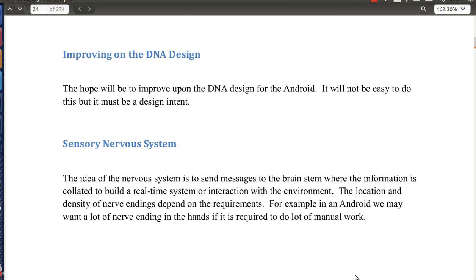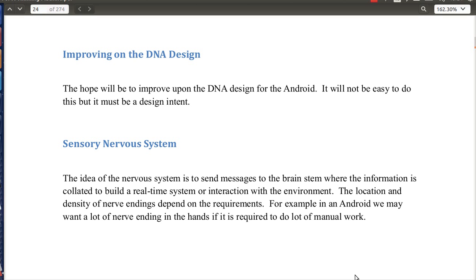The idea is not just to copy DNA and say, wow, we've got to really just copy how DNA works. What we're going to try and do here is take the design and improve upon it. And as I've said in the document, that's not easy to do.